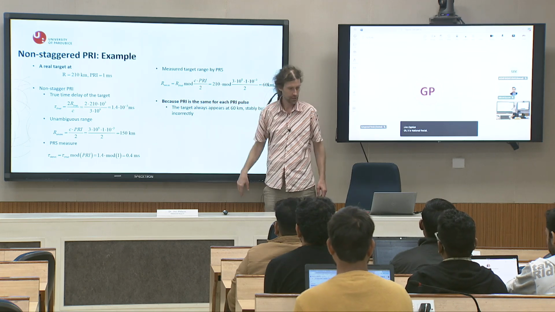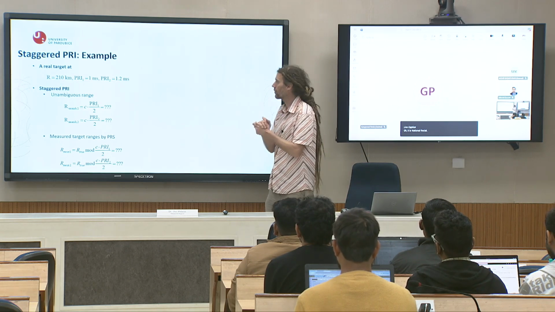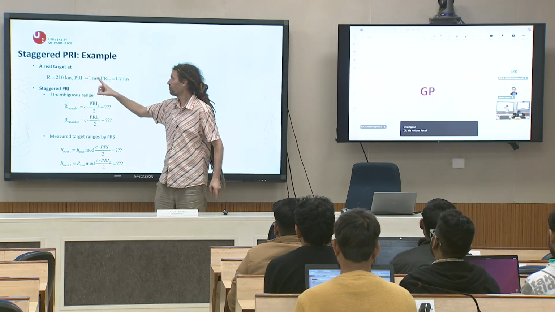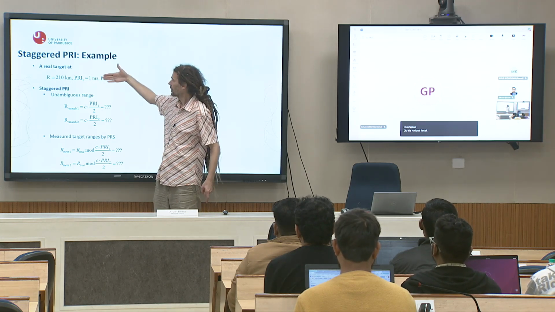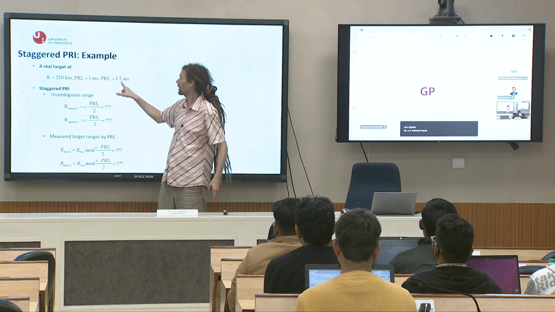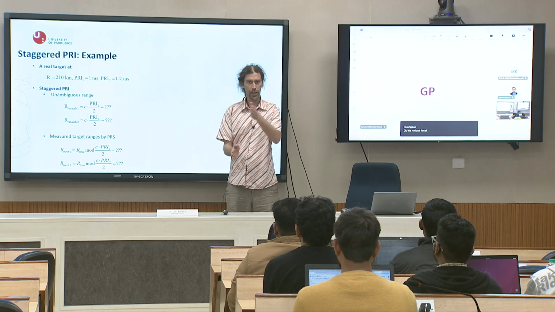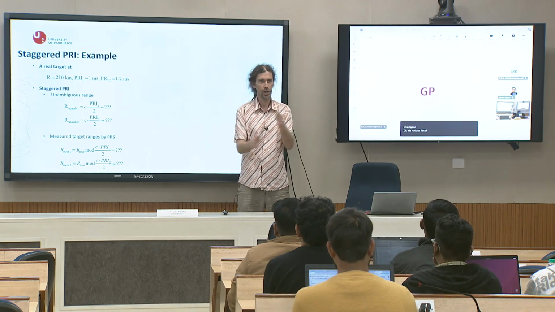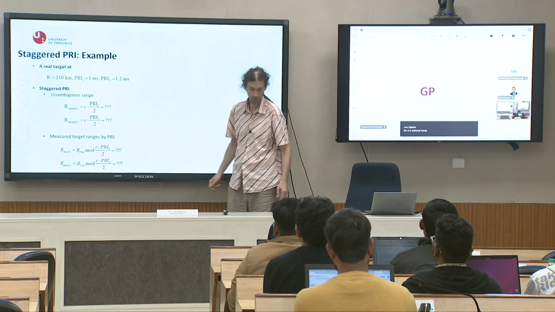He is at 210. So now we have completely the same target, but we have two PRIs. 1 millisecond was the previous case, but the second will be 1.2. So first 1 millisecond, second 1.2 milliseconds, and it just keeps changing: 1 millisecond, 1.2, 1 millisecond, 1.2, and so on.